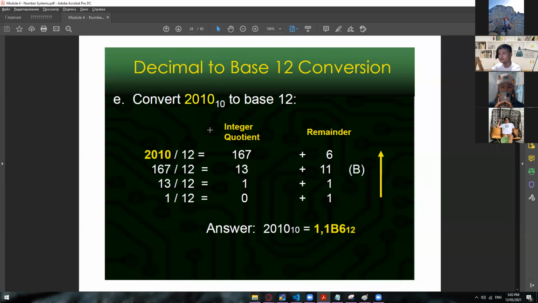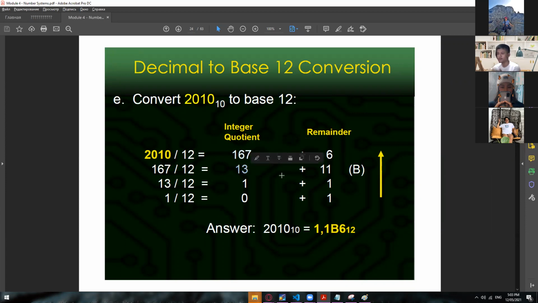Okay, next example, we have this one: convert 2010 base 10 to base 12. So this one now is base 12, since we don't have this kind of number system. But the same process, just that your divisor is now 12. So 2010 divided by 12 is equal to 167.5. So 167 right here, and then 0.5 times 12 is equal to 6. And then 167 divided by 12 is equal to 13.916667.